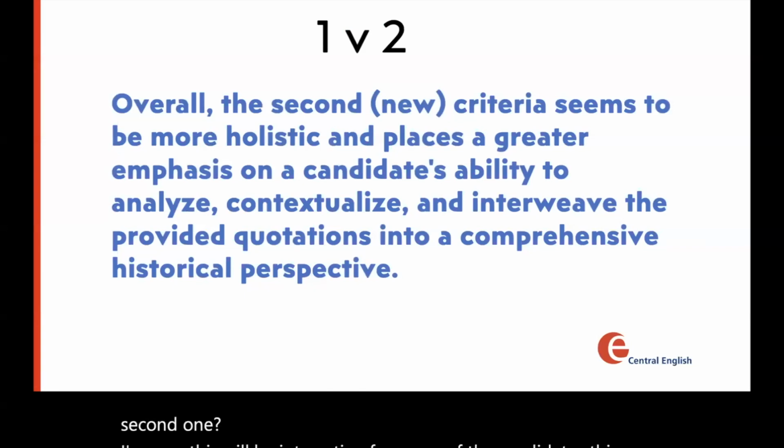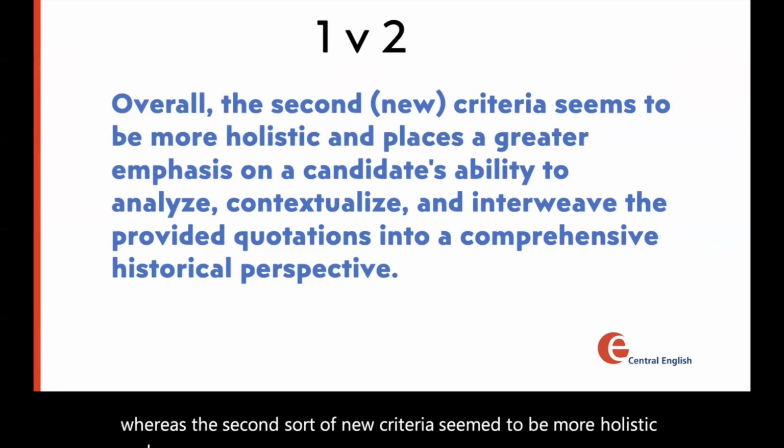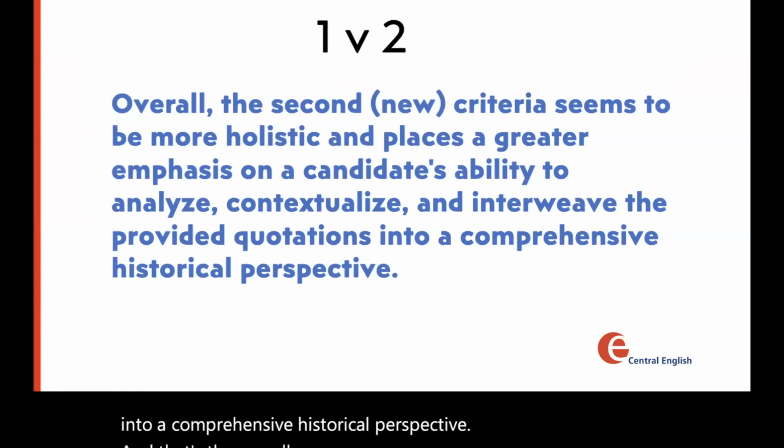The second, new criteria seem to be more holistic and place a great emphasis on the candidate's ability to analyze, contextualize, and interweave the provided quotation into a comprehensive historical perspective. And that's the overall difference.